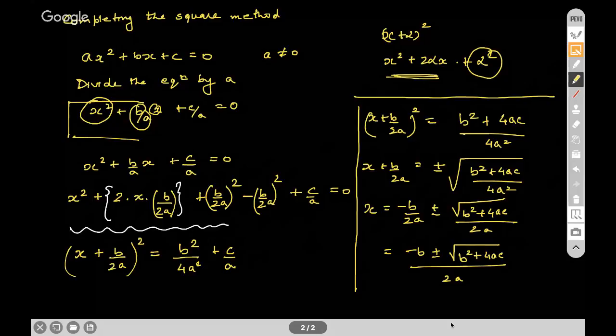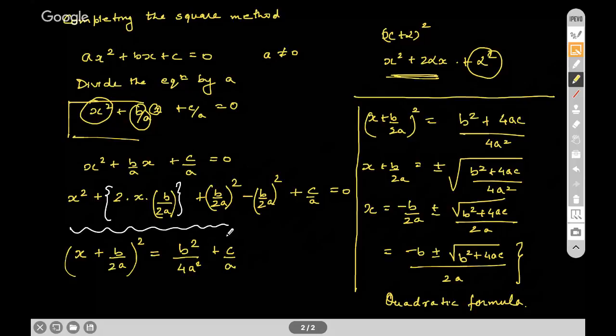Right, so this completing the square method itself leads to solving the quadratic, or finding the quadratic formula. If you see, this is nothing but the quadratic formula, where we now know that x I can directly find out by deploying all the values in terms of a, b, and c.